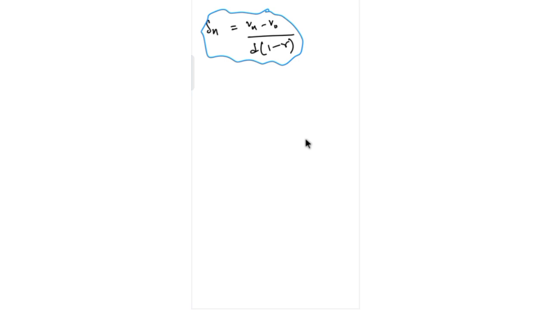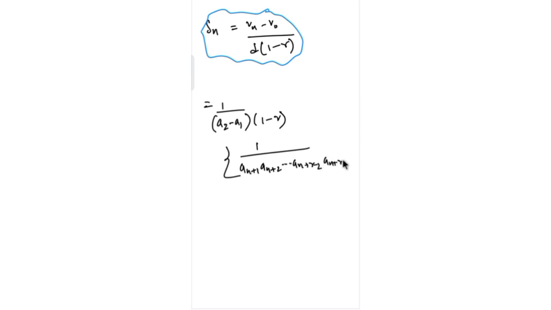So we got the value of Tn, we got the value of Sn, and on further putting the general terms, values like Vn and V naught, we get this to be 1 by d, and d value to be a2 minus a1, alright, 1 by a2 minus a1 into 1 minus r into 1 by, what is Vn, an plus 1, an plus 2, so on, an plus r minus 2, an plus r minus 1, minus 1 by a1, a2, so on, ar minus 2, ar minus 1.